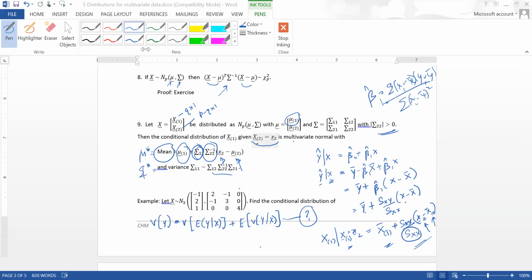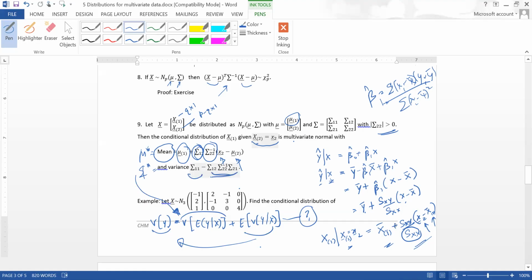You can check, right? So here also you can see, here we are finding the variance of this term. That's our sigma star there. The variance of the expected value of y given x, right? That's our sigma star here. So it would be the variance of y, which is sigma 1,1, minus this part. So that part comes as this: sigma 1,2, sigma 2,2 inverse, sigma 2,1.